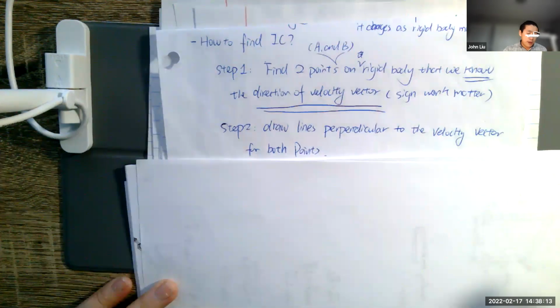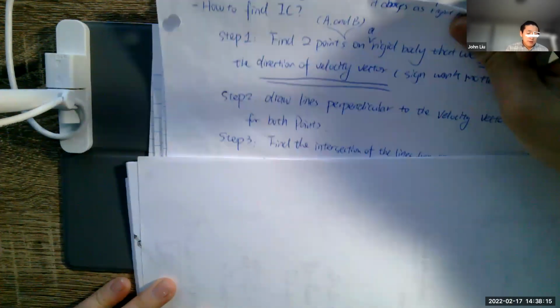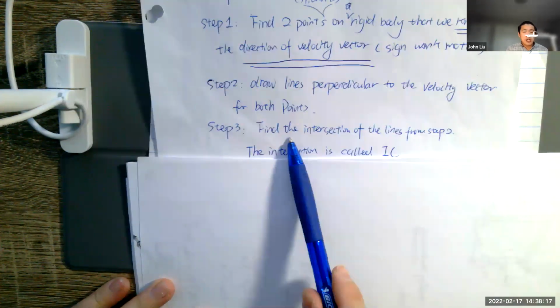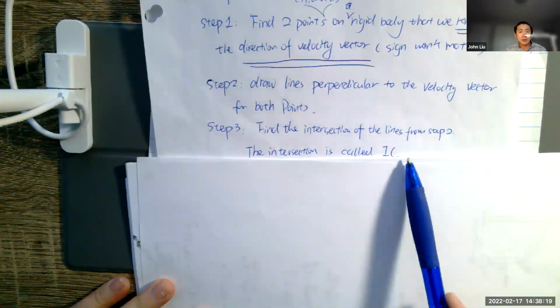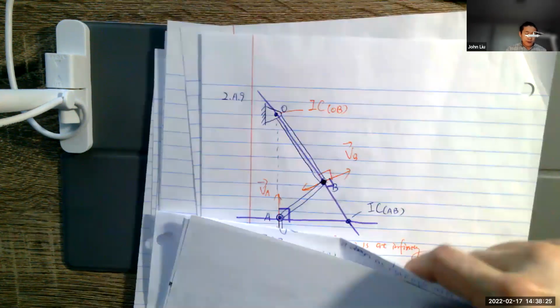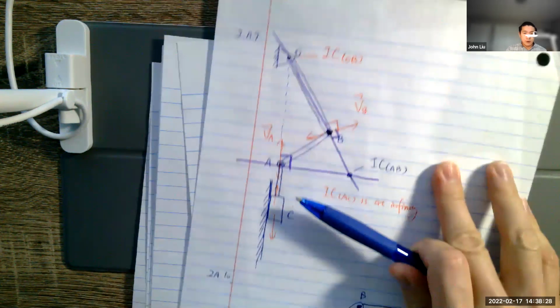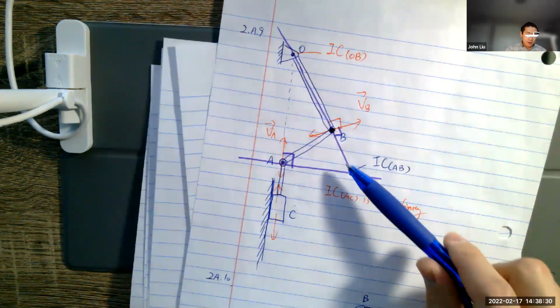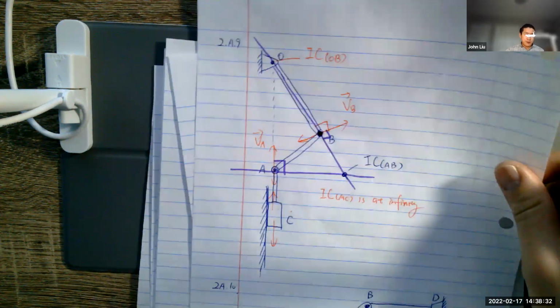And step 3 is to find the intersections of the lines you just drew in step 2. That means we find the intersection of those two purple lines, same as the one we did previously.